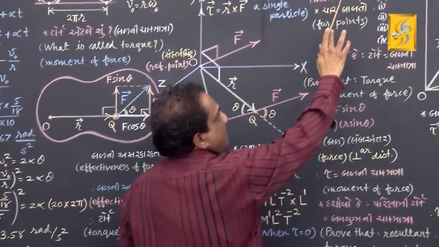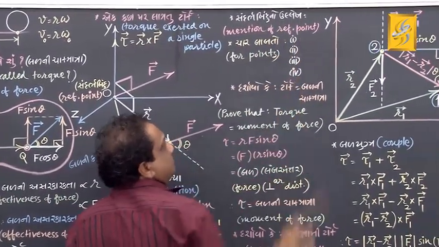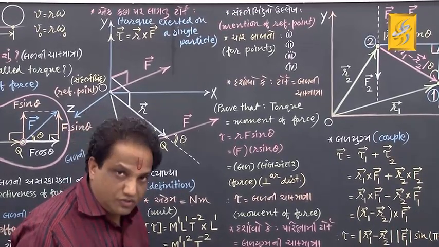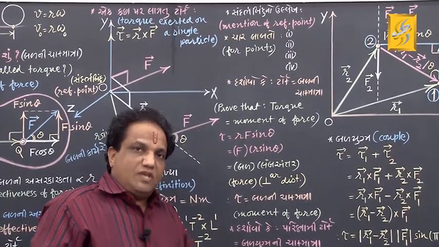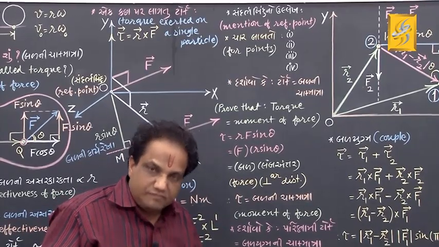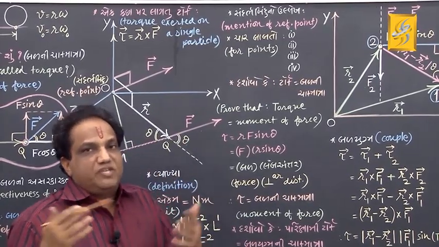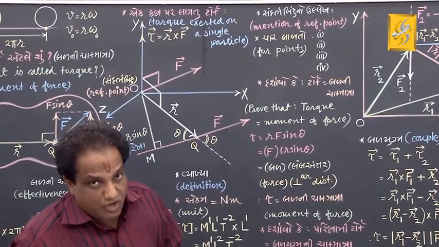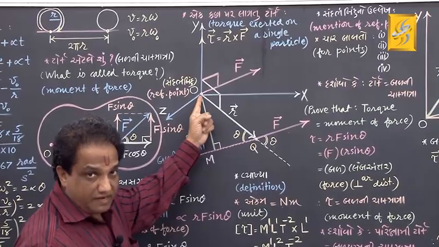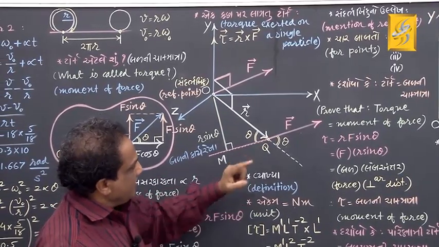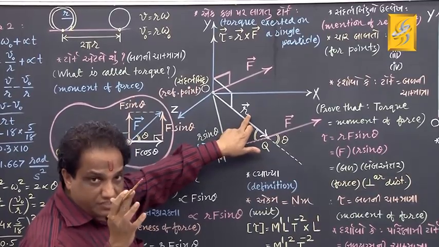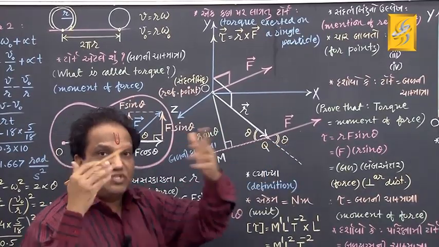Now, mention of the reference point is a must while giving the definition of torque, because if you do not specify the reference point, then there is no meaning of mentioning the value of torque. As soon as you change the reference point, the distance r of the given particle from the new reference point would change and the angle theta also would change.